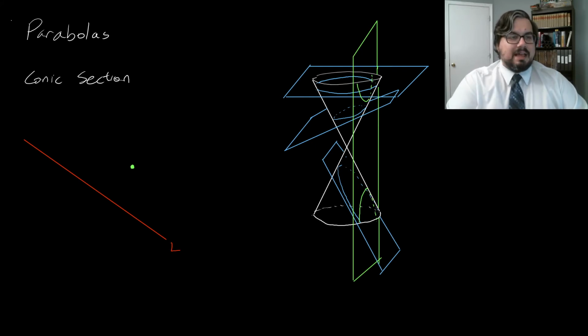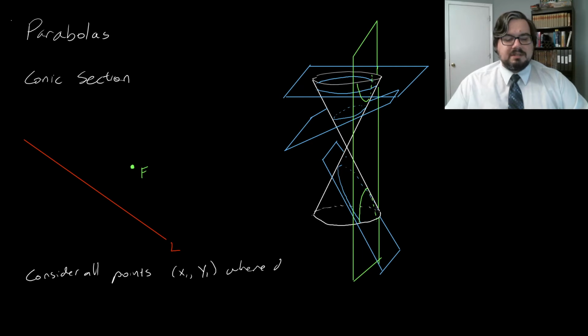Let me call the line L here and the point F. Now what I can do is I can consider all points (x1, y1) where the distance to the point F is equal to the distance to the line L.